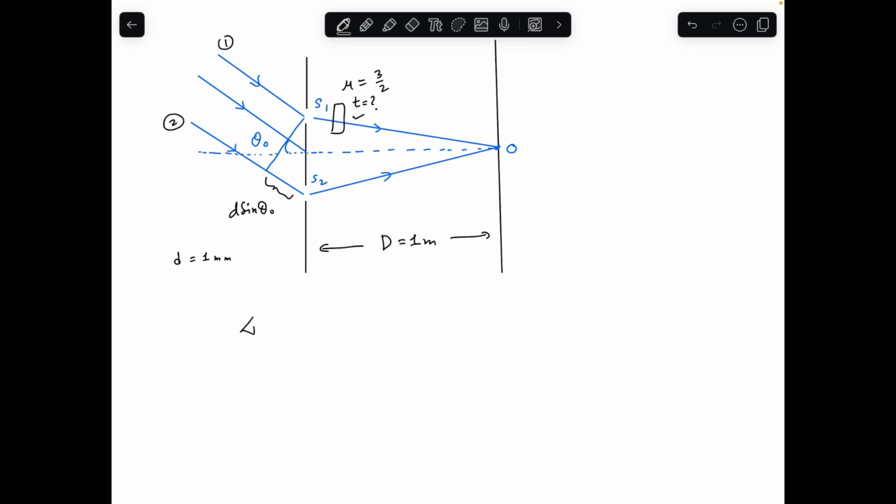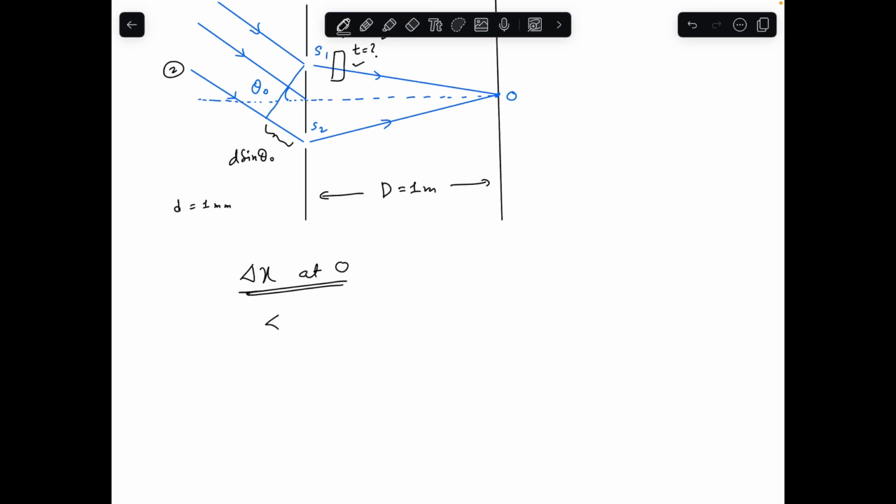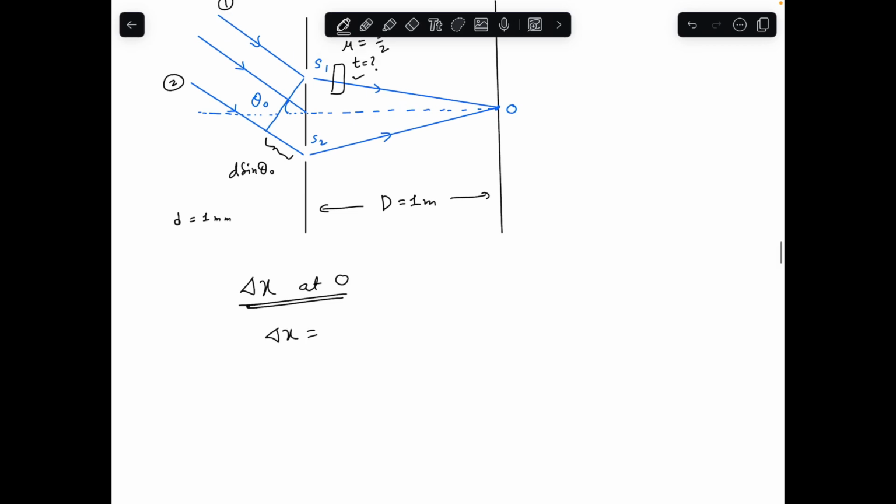So let us try to find delta x at O. Delta x equal to path difference will be d sine theta naught plus S2O, this is the path traveled by 2, minus path traveled by 1 is S1O dash. Okay, because it's going through the glass slab, so I am taking S1O dash.